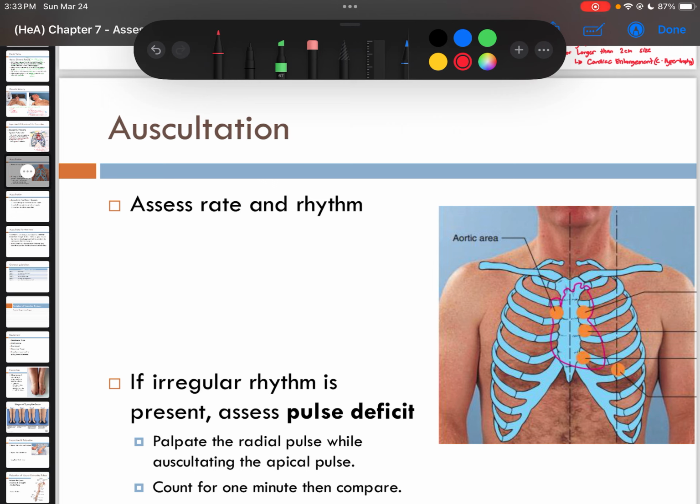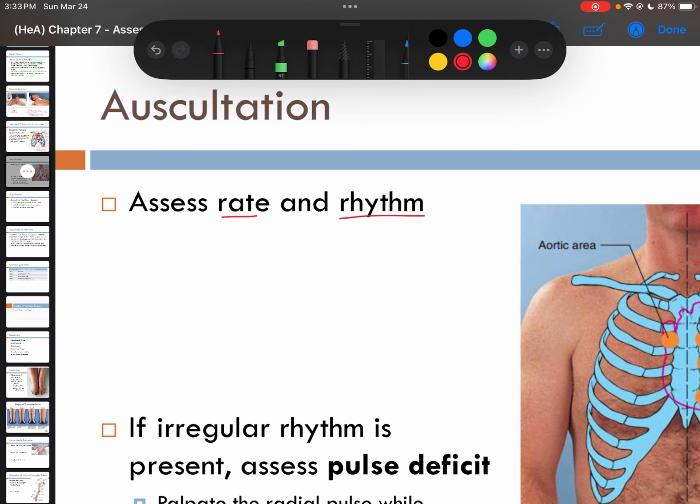Now, when I say auscultation, we will be assessing for what we call our rate and rhythm. When we talk about rate, class, what we are referring to is the speed of the pulses. Normally, the rate is around 60 to 100, right?